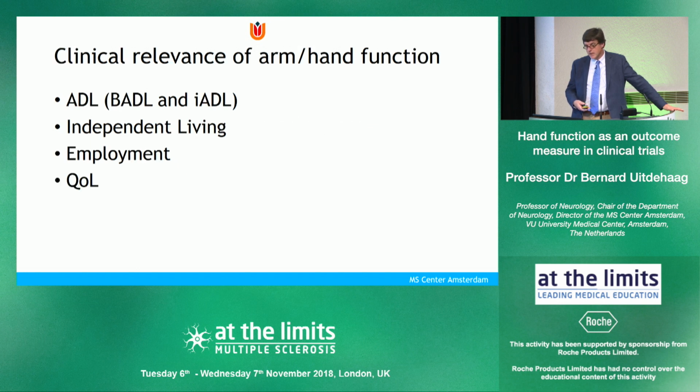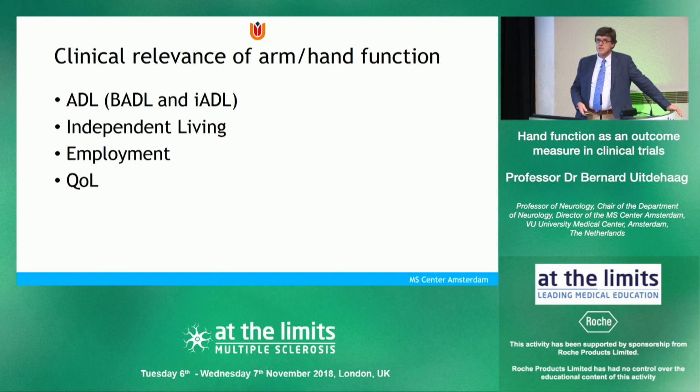The clinical relevance of arm and hand function is, of course, for the activities of daily living, both the basic activities of daily living, like bathing, clothing, and things like that, but also the instrumental activities of daily living, like cooking or using your mobile phone, although I have the impression that using the mobile phone becomes a basic activity of daily living in most people.